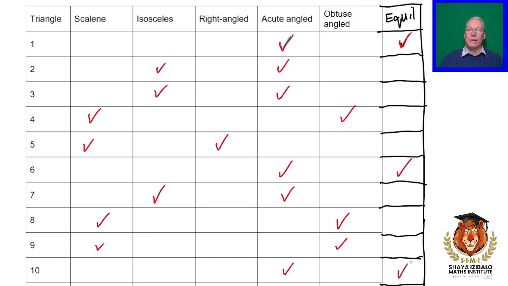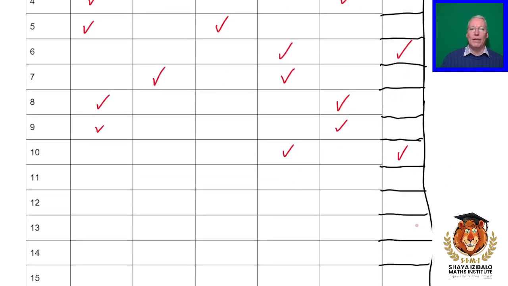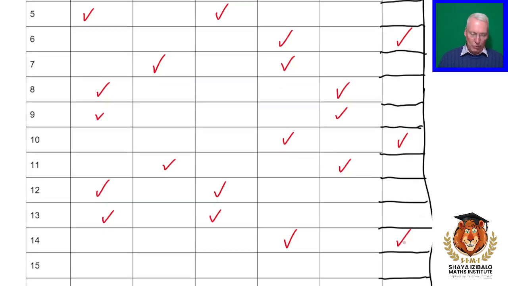Number 11 is isosceles and obtuse angled. Number 12 is scalene and right angled. Number 13, also scalene and right angled. Number 14 is another equilateral triangle, which makes it acute angled as well.